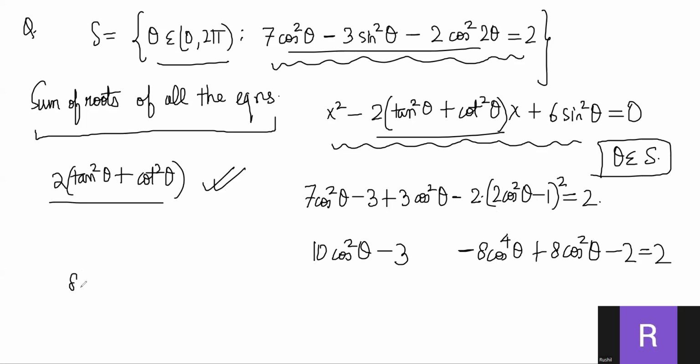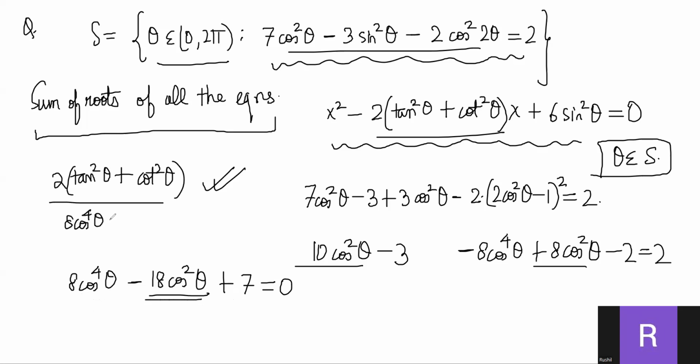We are getting 8 cos power 4 theta and minus 18 cos square theta, and this goes on the other side and it becomes 7. So 8 into 7 is 56, and 14 and 4. 8 cos power 4 theta minus 4 cos square theta minus 14 cos square theta plus 7, equals 0.